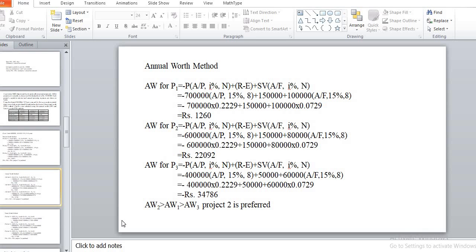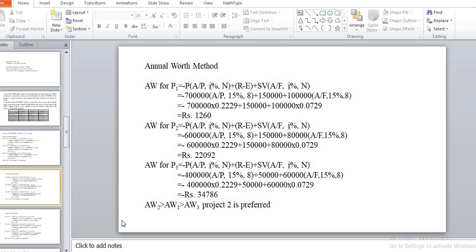Again we consider the annual worth method. Again we are calculating this annual worth value. Now these values are considered.